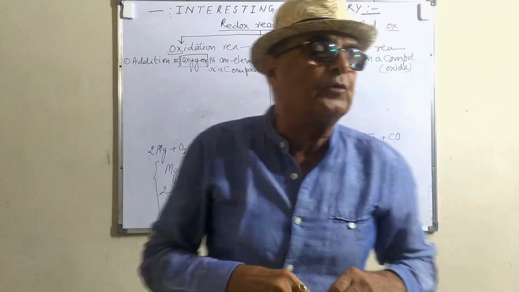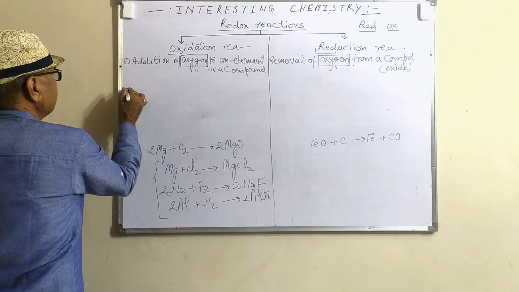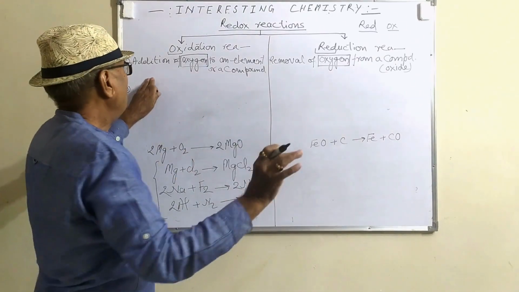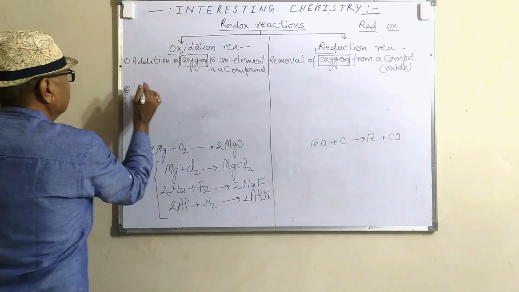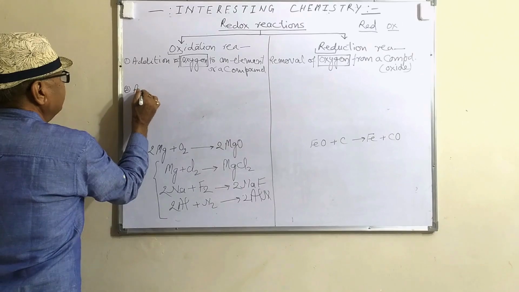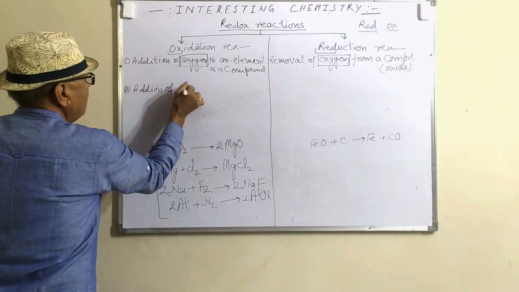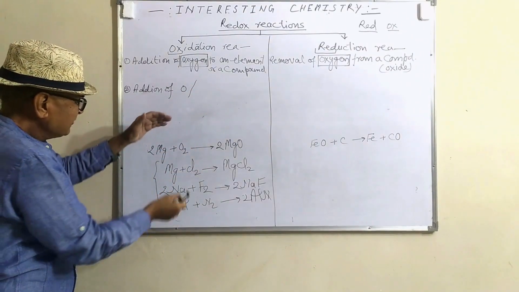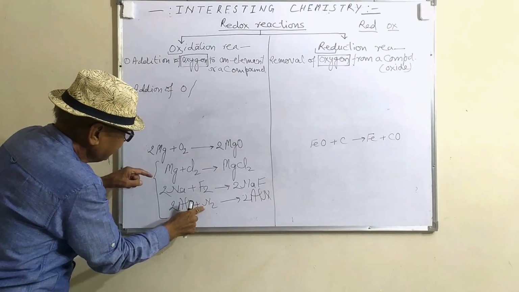Now here again I am telling you the second definition of the oxidation. We will only add some things to this definition. So what is the similarity in O2, Cl2, F2 and N2?